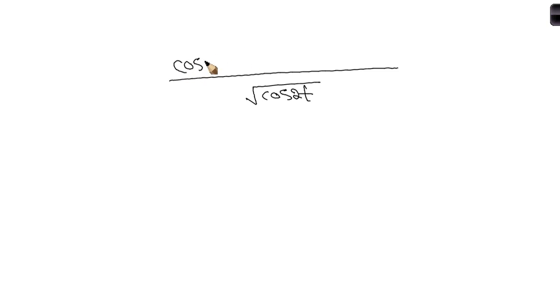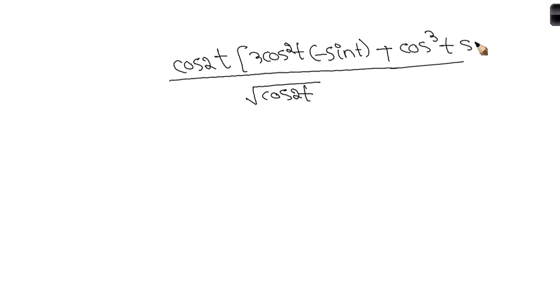So I have root cos 2t in the denominator. The LCM would be root cos 2t. If you take the LCM as root cos 2t, it becomes cos 2t into 3 cos square t into minus sin t, plus cos cube t into sin 2t.